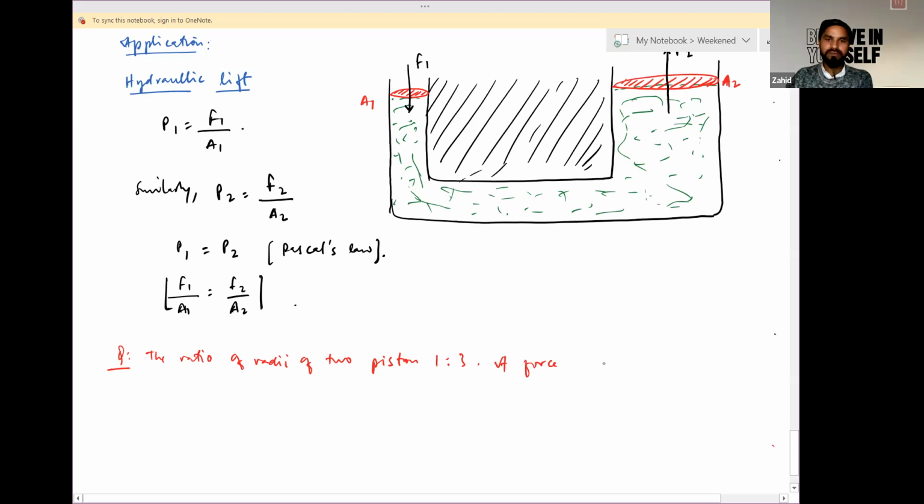A force of 20 Newton is applied on the smaller. Find force at larger end.